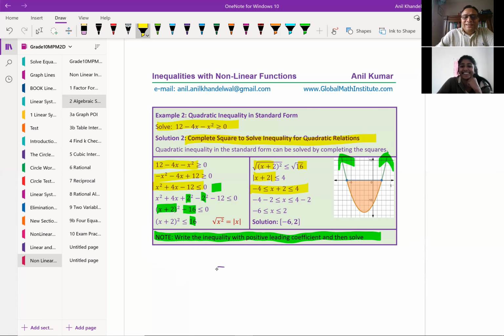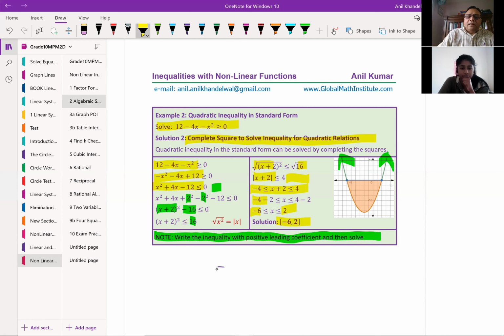Yeah. So we have a simple solution from here: that the absolute value is within a number. That means it is within plus and minus of that number, right? And this number happens to be 4. So x plus 2 is within 4. Now to solve this double inequality, we take away 2 from all 3 terms and we land up with -6 on one side and 2 on the other side.